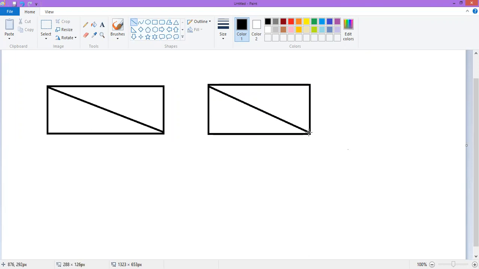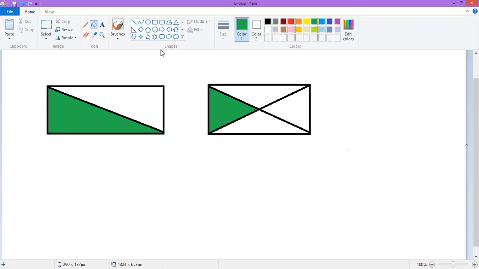This is diagonal 1 and this is diagonal 2. Now I will show you 1/2 and 1/4 in this. So I take color. This is 1/2 and this is 1/4.